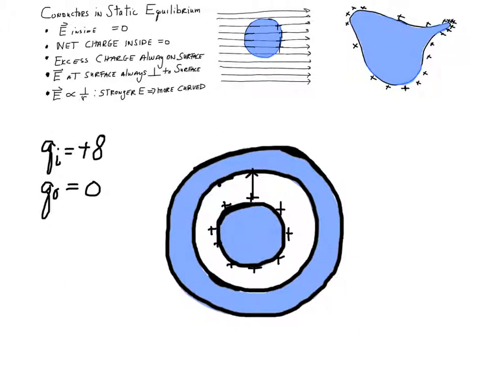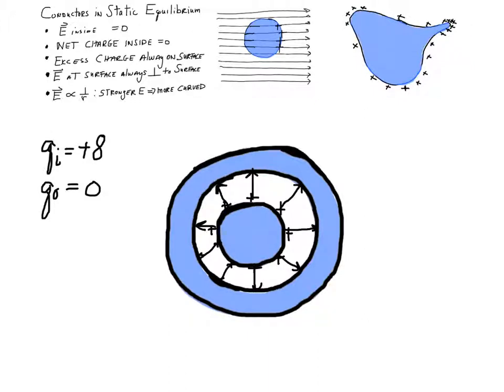So they're going to go from one surface to the other surface, because I know in static equilibrium a field line can't penetrate the conductor. So it looks like that.